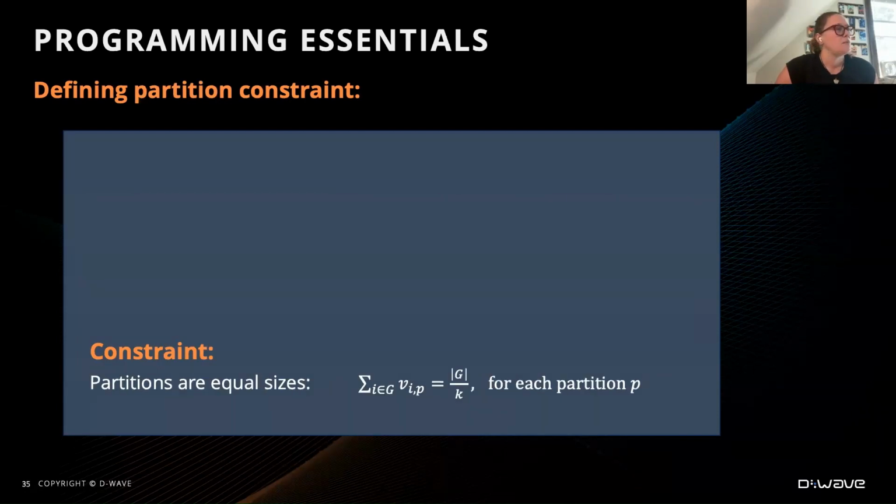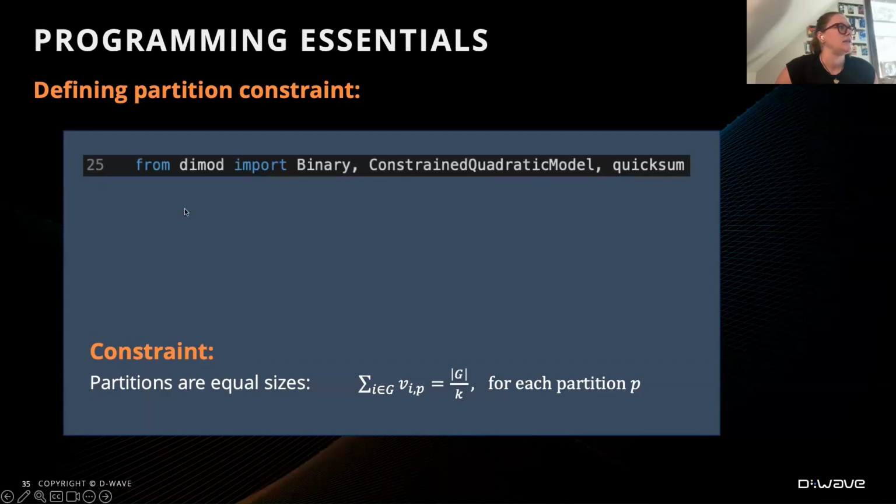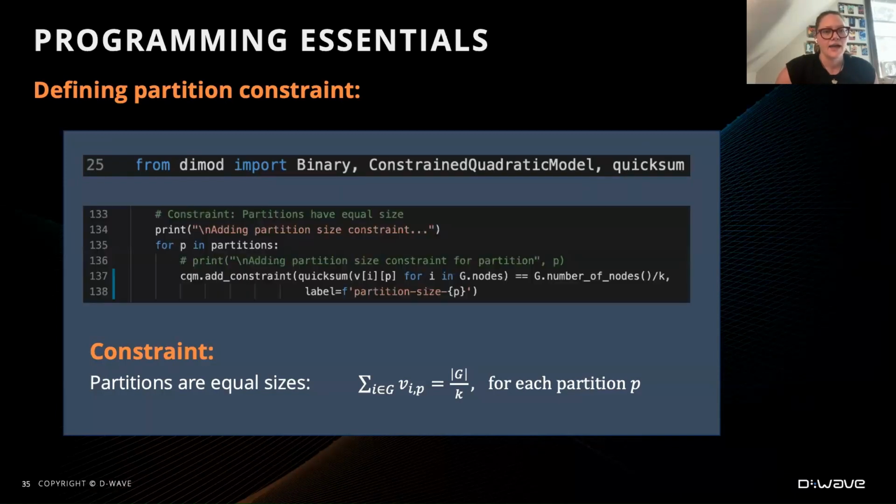Then we have another constraint, and this time this constraint does not sum up to 1. So we can't use the add_discrete function again. This time we'll need a couple more tools. From dimod, we'll import this quicksum package. And we'll build a constraint from scratch here. So this time we're inside our add_constraint function. This is a more generic version of adding a constraint.